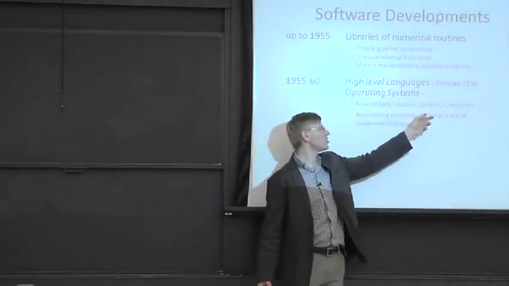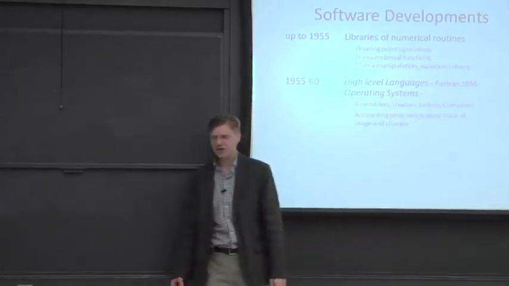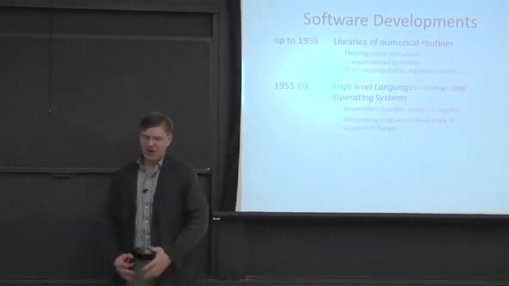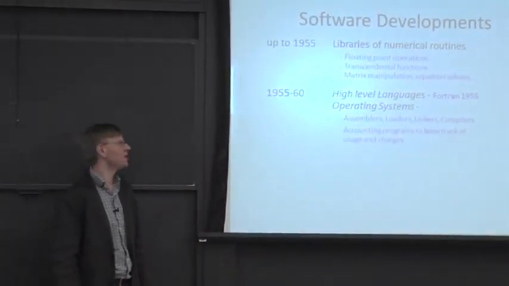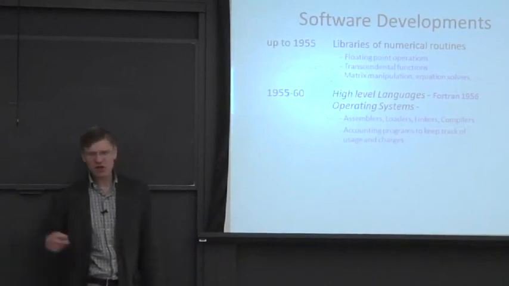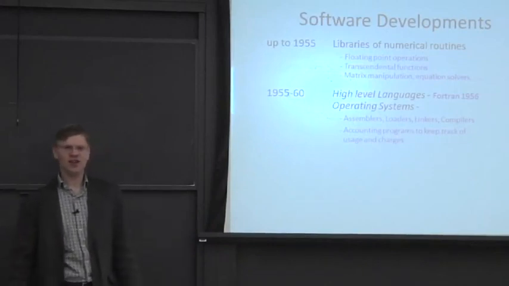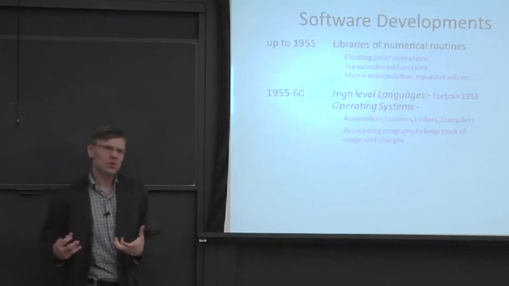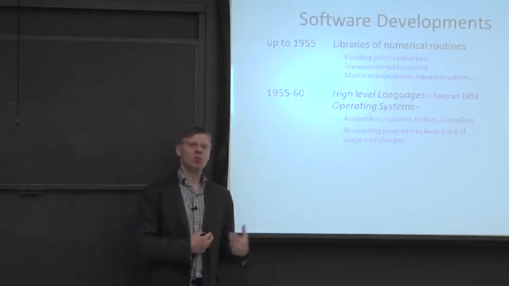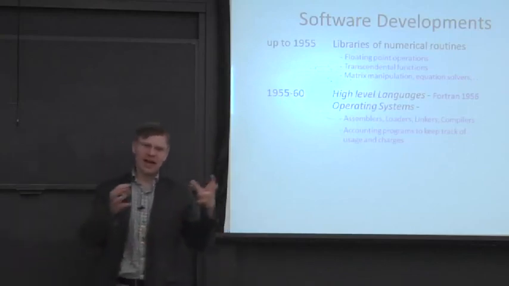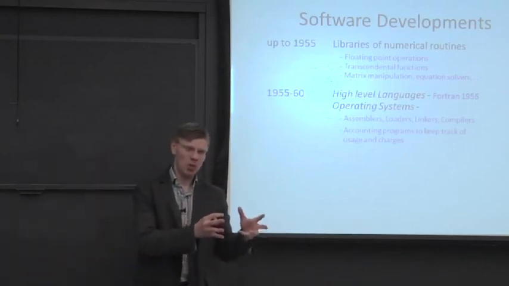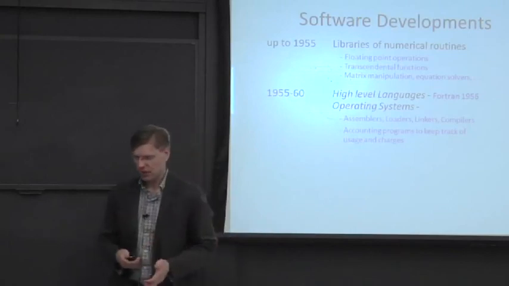We had assemblers, loaders, linkers, compilers, a bunch of other software to track how your software is being used even. And because we started to see these higher level languages, this started to give some portability to programming. It wasn't that you had to write your program and have it only map to one processor ever.